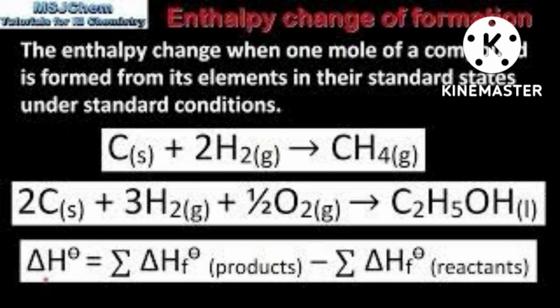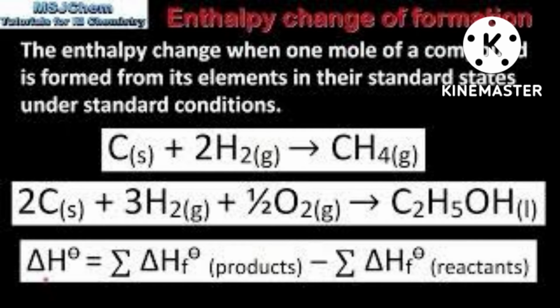For carbon, graphite is a solid, so in bracket write a small s. And here you should write the balanced equation. Then it will come C plus 2H2, the coefficient is 2, and because it is hydrogen gas, you write a small g near the H2.